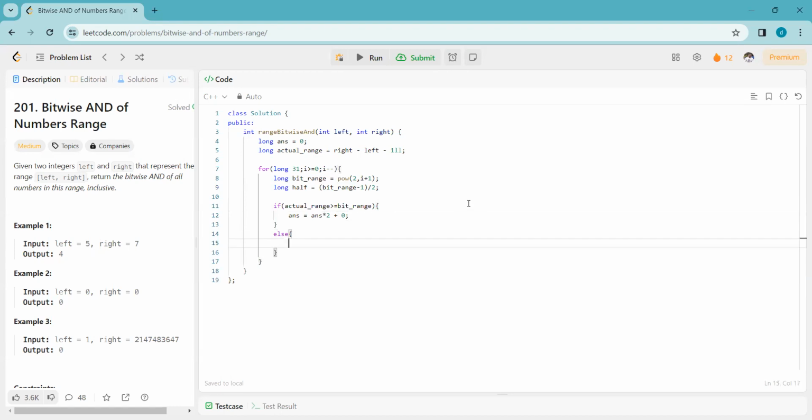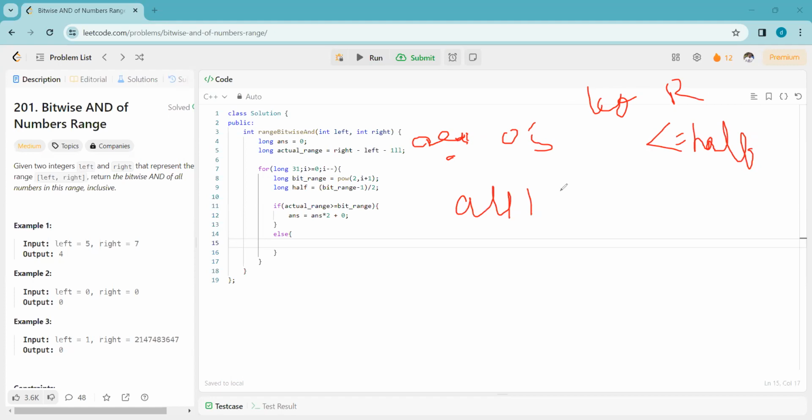Else, if it is not repeated, we have to find where the case lies. We have 4 cases, right? Either all zeros: the all zeros case will occur if the left and right both are less than or equal to half. All ones will arise when left and right both are greater than half. Else it will contain some zeros, some ones.